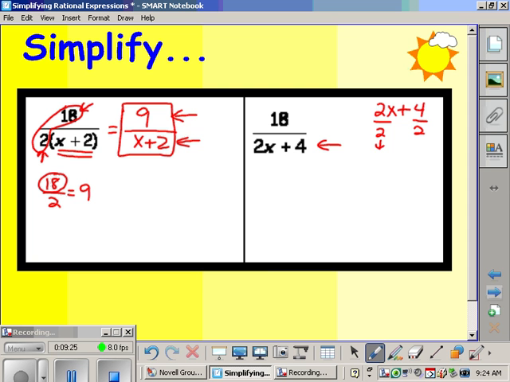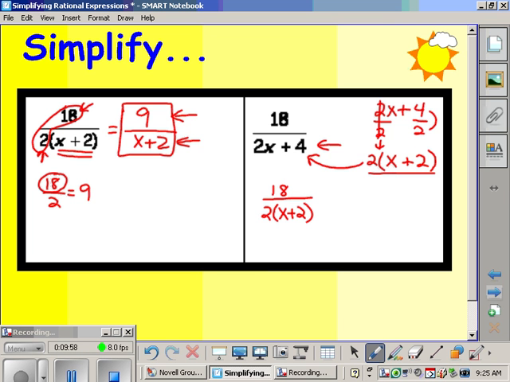When you do, the 2 comes to the outside, and then you're going to go ahead and divide the terms, and whatever is left will remain on the inside. So I'm going to divide the 2's, which leaves me with the x, and I'm going to divide the 4 and the 2, getting a 2. So what that's going to allow me to do is that the 2 times the quantity x plus 2 is going to replace the 2x plus 4. So I'm going to leave the 18 on the top, but I'm going to factor the denominator to see if that will allow me to reduce this any further.